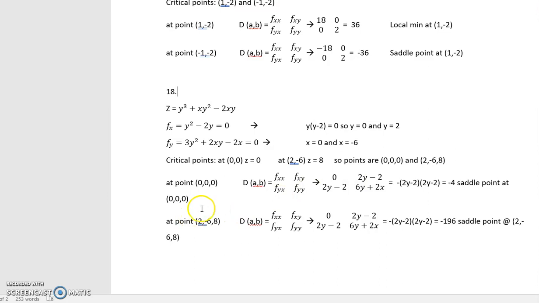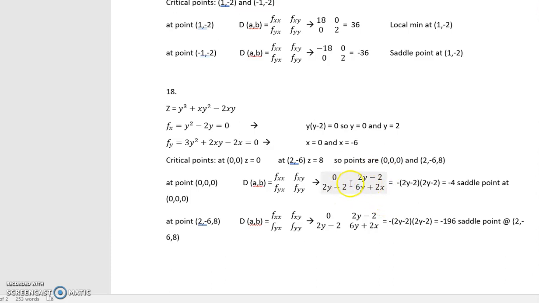So now we do the determinants. The double x derivative of f is 0 over here. The double prime f of y is 6y plus 2x. And the f_xy and f_yx is 2y minus 2. These have to be the same.